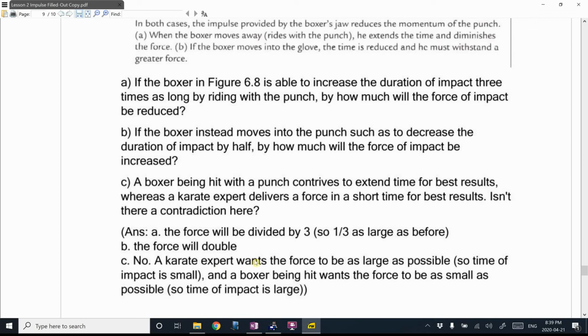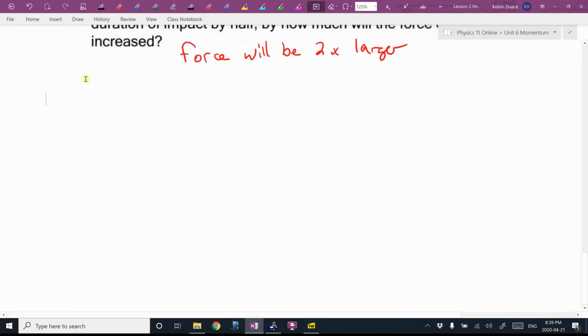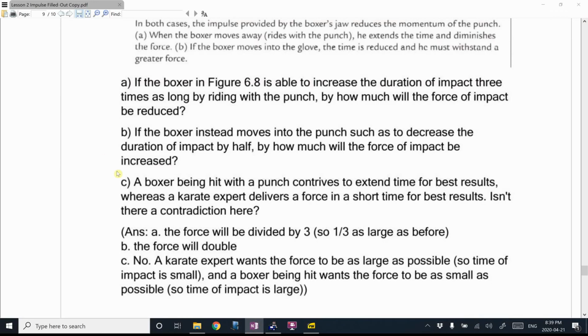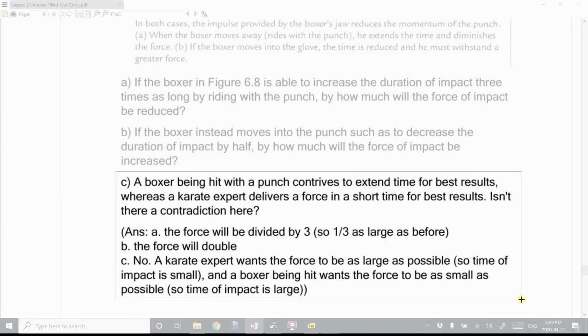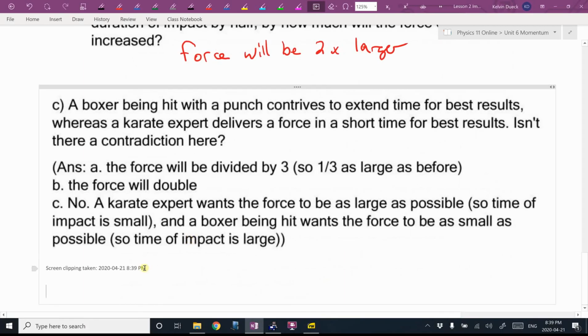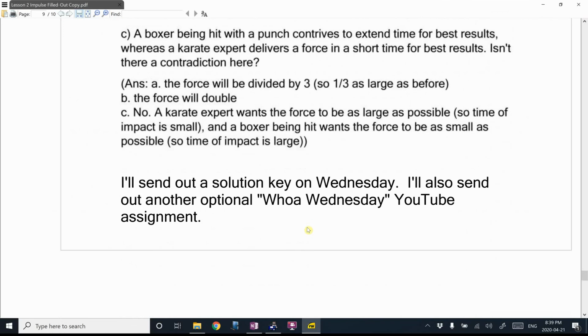So a karate expert wants the force to be as large as possible so that the time of impact is small. A boxer wants the force to be as small as possible, so the boxer wants the time of impact to be large. I hope that explanation makes sense. So that's impulse, change in momentum.